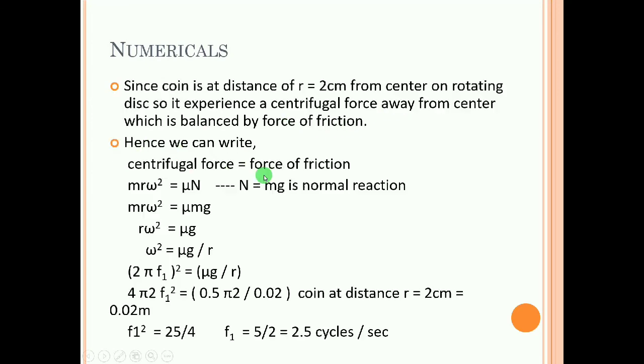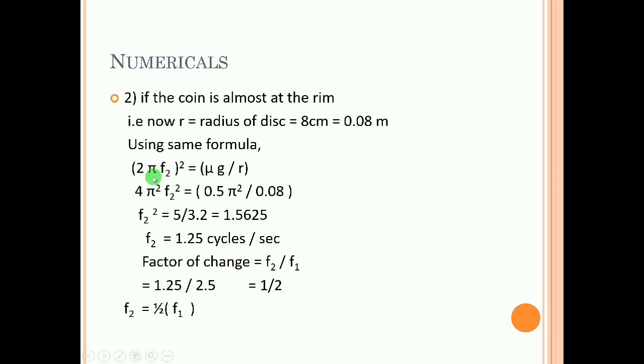Again you will use the same formula: centrifugal force balanced by force of friction. You solve this equation up to omega square equal to mu g upon r, then write omega in terms of frequency. For the second condition we denote it by f2. So (2 pi f2) square equals mu g upon r.